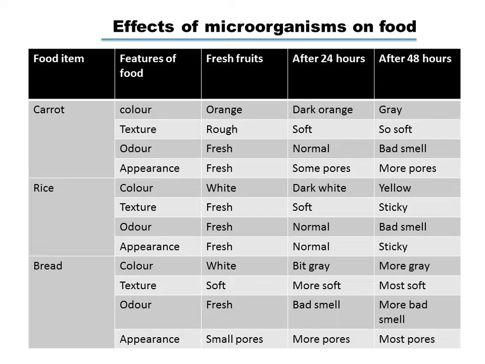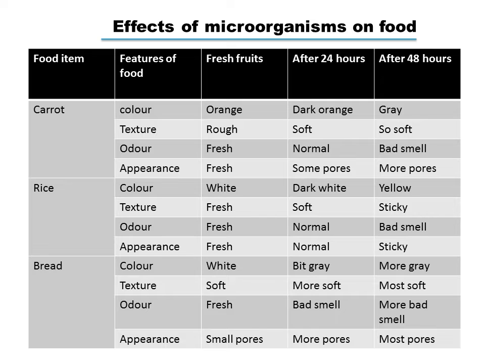Next, we have to talk about the effects of microorganisms on food. Here, I am going to talk about 3 food items: carrot, rice and bread. The features of foods we are going to compare are color, texture, odor and appearance.